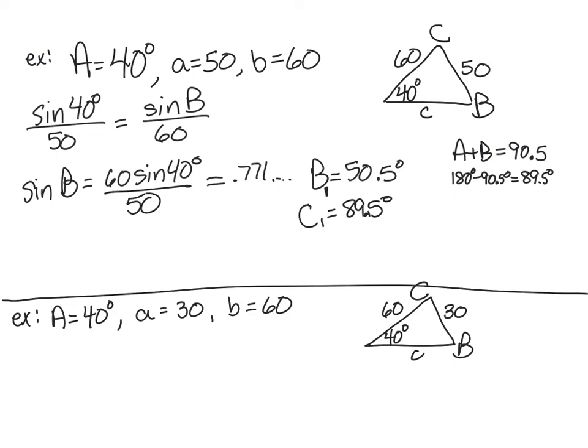But the way you check to see if maybe you have a second triangle is you say, I got 50.5, but I need to check, if this is 50.5, what is that? So 180 minus 50.5, you always need to do this if you have angle side side.